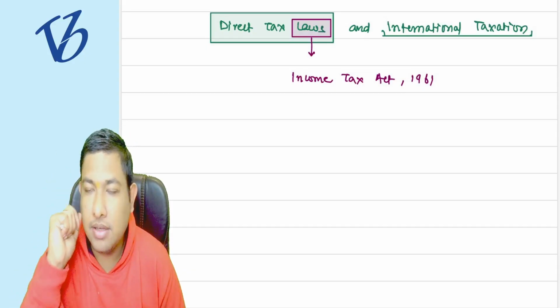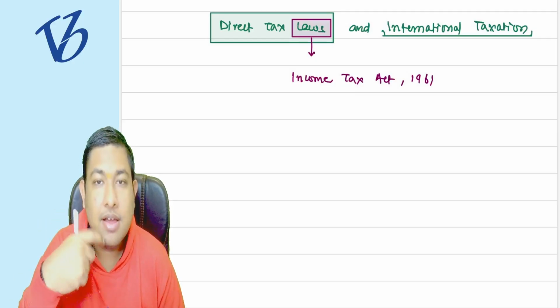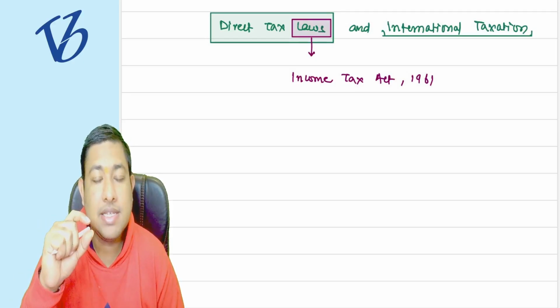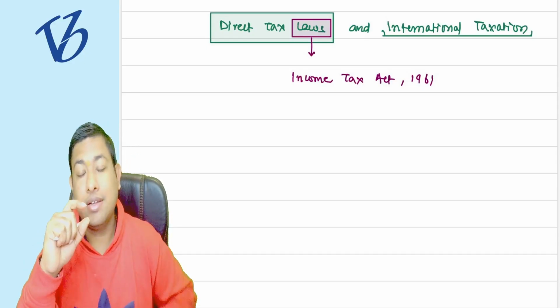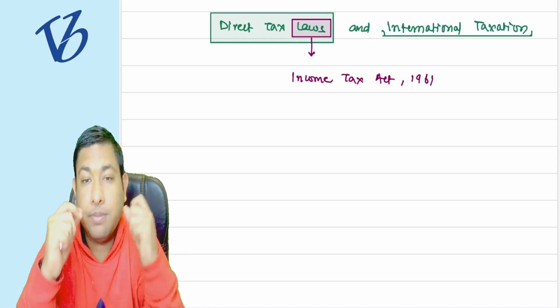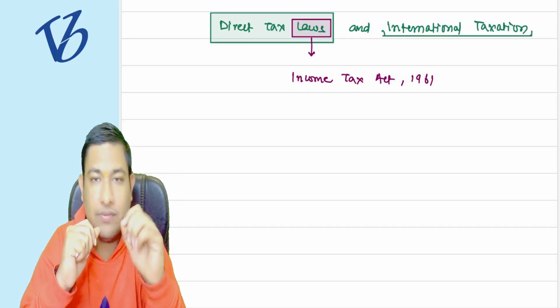The subject name is direct tax laws, which means it is not only the act. Apart from the act, there should be something else as well. So what the word law comprises, that we need to understand.